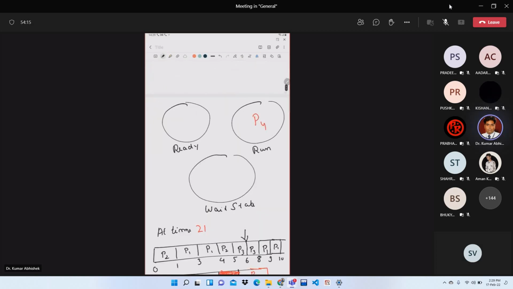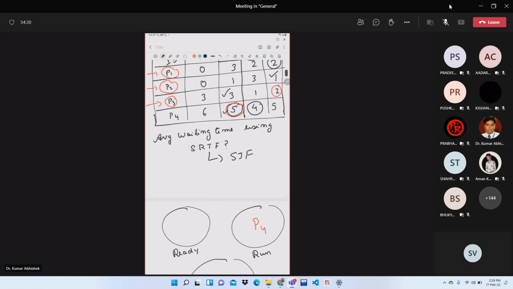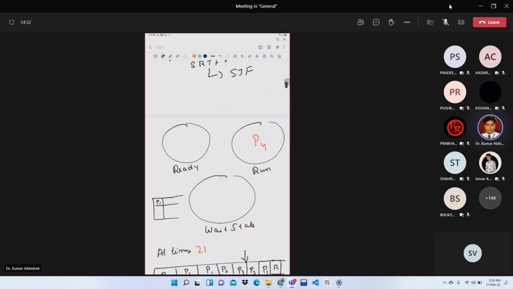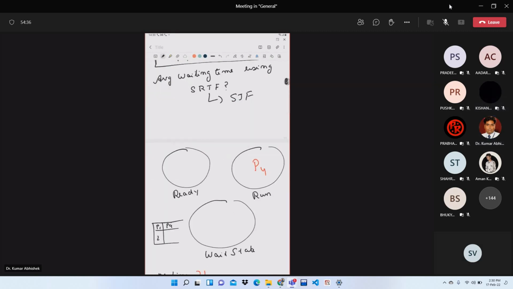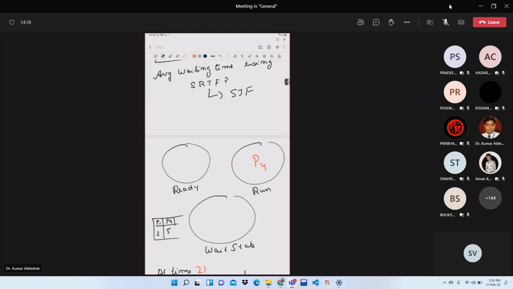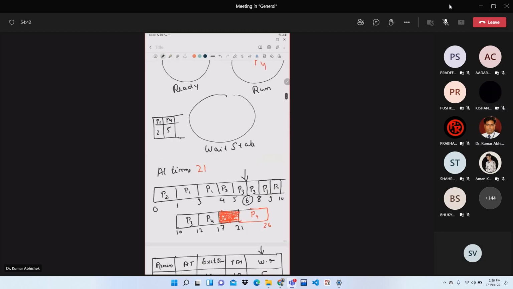At time 6, what was my condition of ready queue? If this is my ready queue, P1 with 2, P4 with 5.